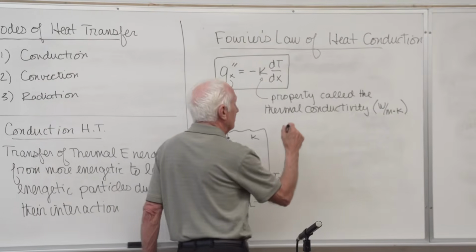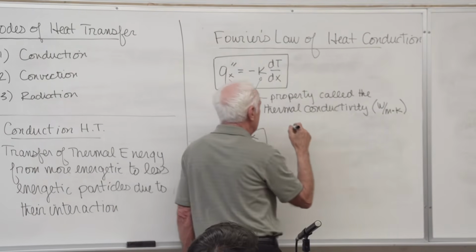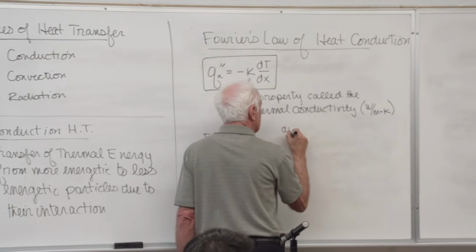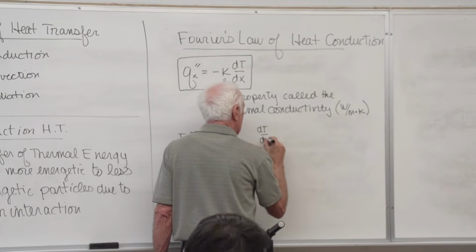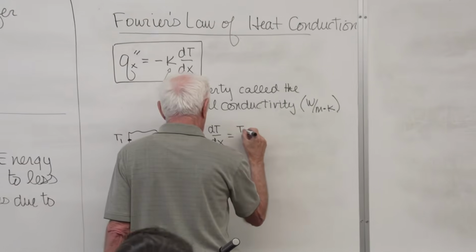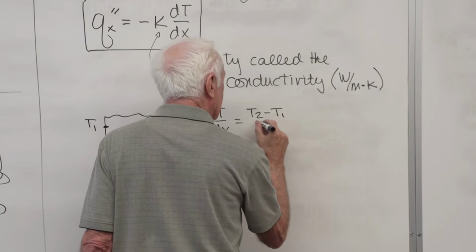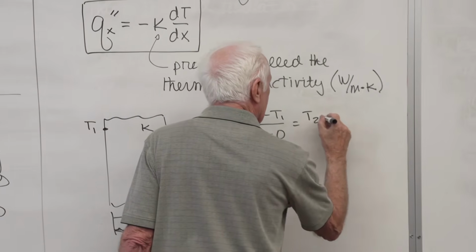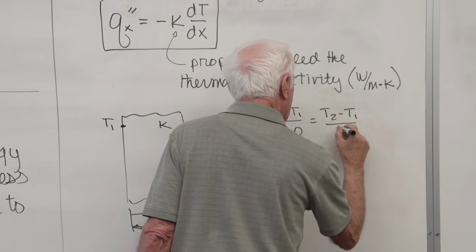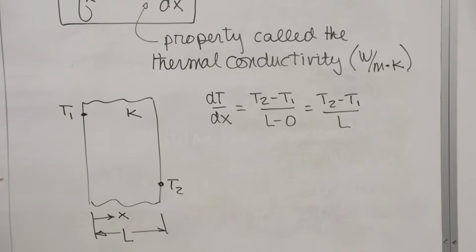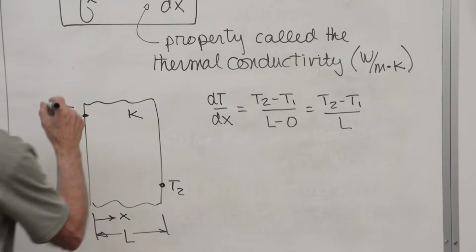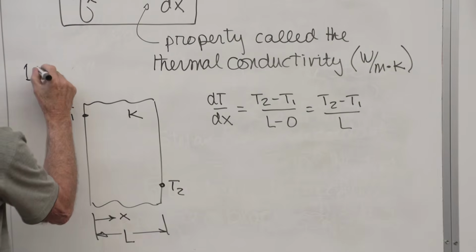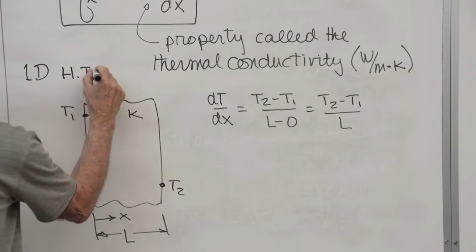But for one-dimensional heat transfer, we can get rid of the ordinary differential dT/dx and replace it by (T2 minus T1) divided by (L minus 0). That's one-dimensional heat transfer.